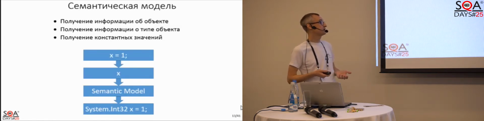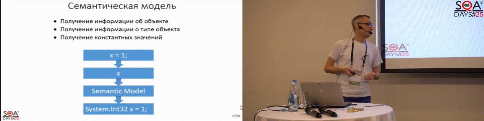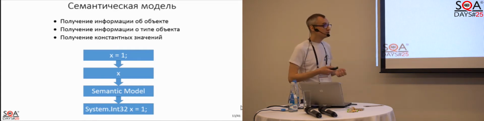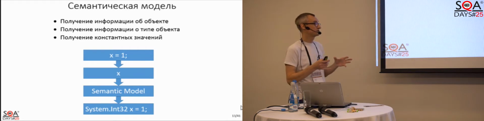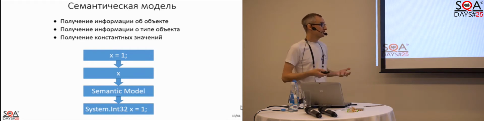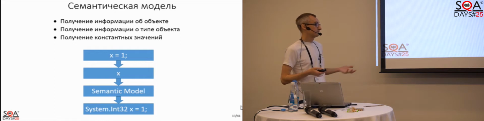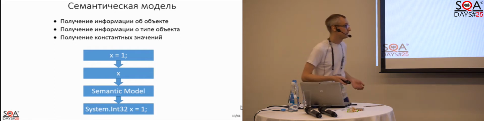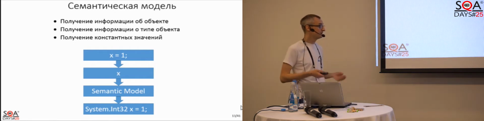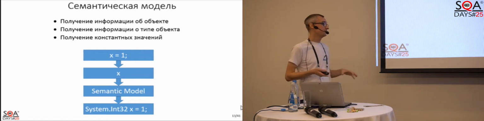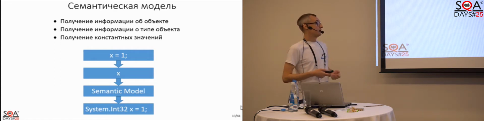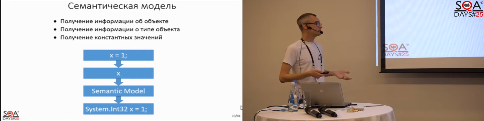Here at some point, x equals 1. We need to know what x is exactly. The tree doesn't have information about what x is. We turn to the semantic model, the second part, and it instantly gives us information that x means int in C#. Apart from saying to us that it's x, it says that it's a declarator and has the value of 1.